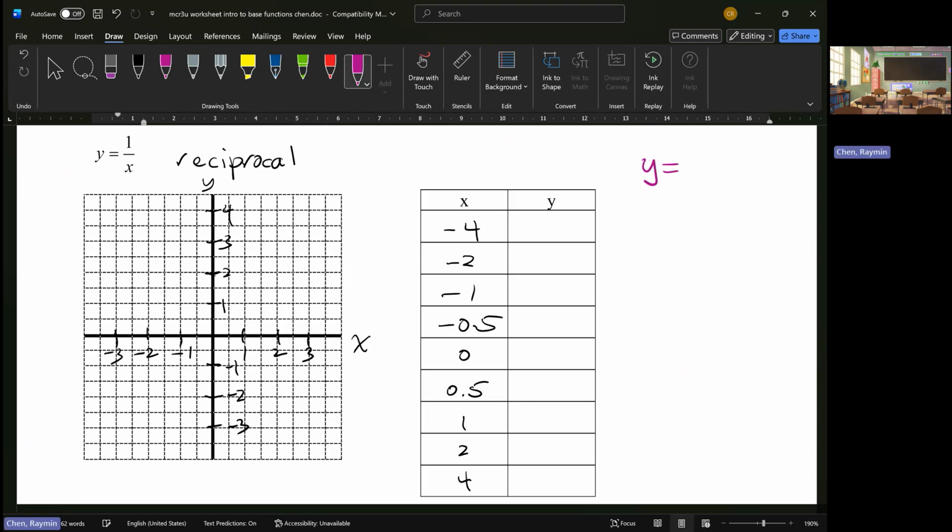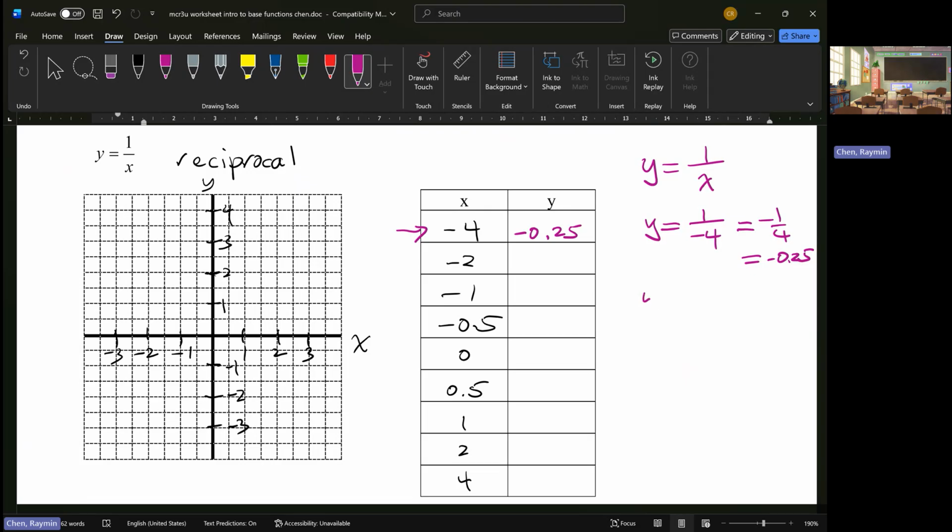The first one we're going to do is y equals 1 over x. And for the x value that we're going to input, we're going to plug in y equals 1 over -4. And this answer is -0.25. It's been a long day. So that's what we get for y.